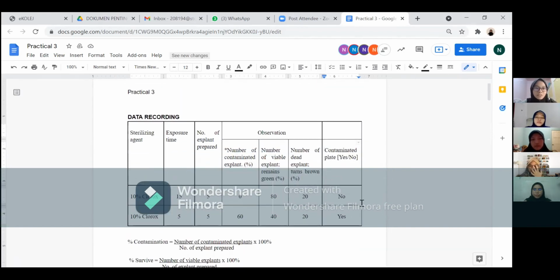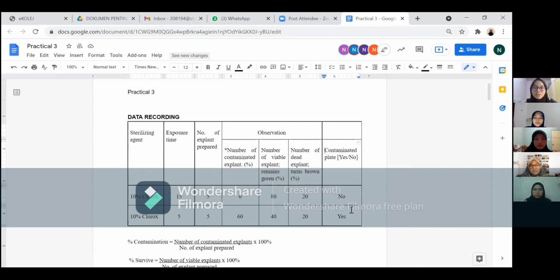So as you can see here, our sterilizing agent is 10% chloride solution. Our group must do 10% chloride solution and the exposure time given is 15 and 5 minutes. I assume that the number of Splen we prepare is 5 for each exposure time.